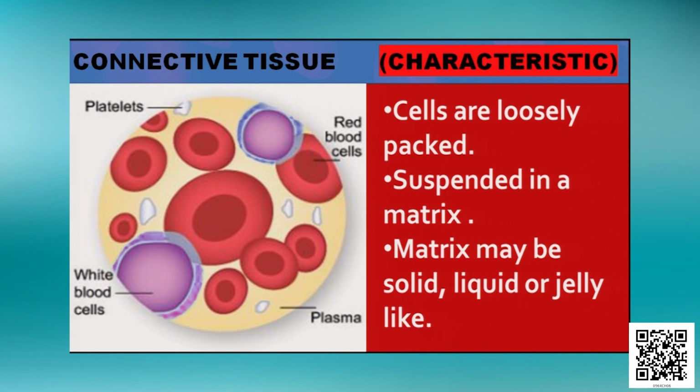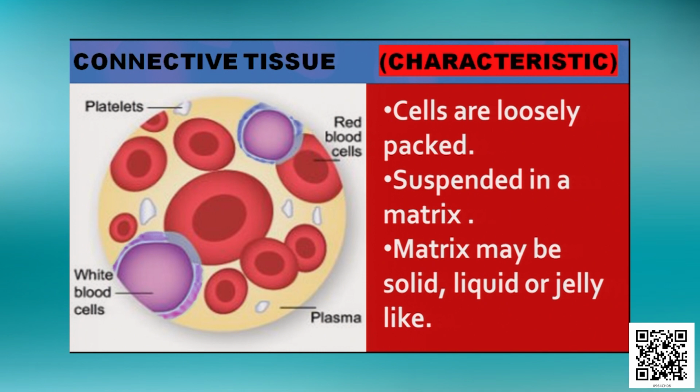But remember, in epithelial tissue, the cells are positioned on basement membrane. But here, in the connective tissue, the cells are suspended in the matrix. And the connective tissue matrix may be liquid, may be jelly-like, it may be solid. We will get to know later on.